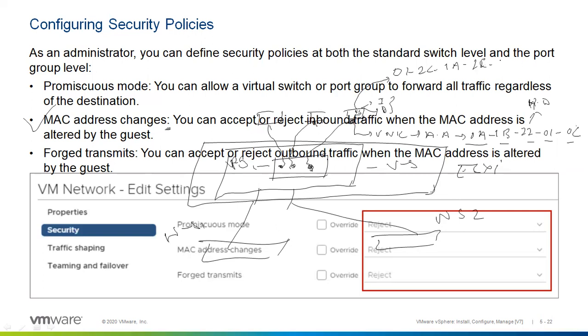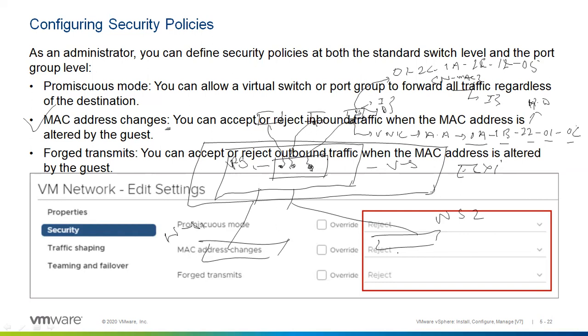So you have changed the MAC address from the operating system. Okay. Once you change the MAC address, it is the port group's decision whether, with this new MAC address, you should receive the traffic or not. What has to be done with your incoming?